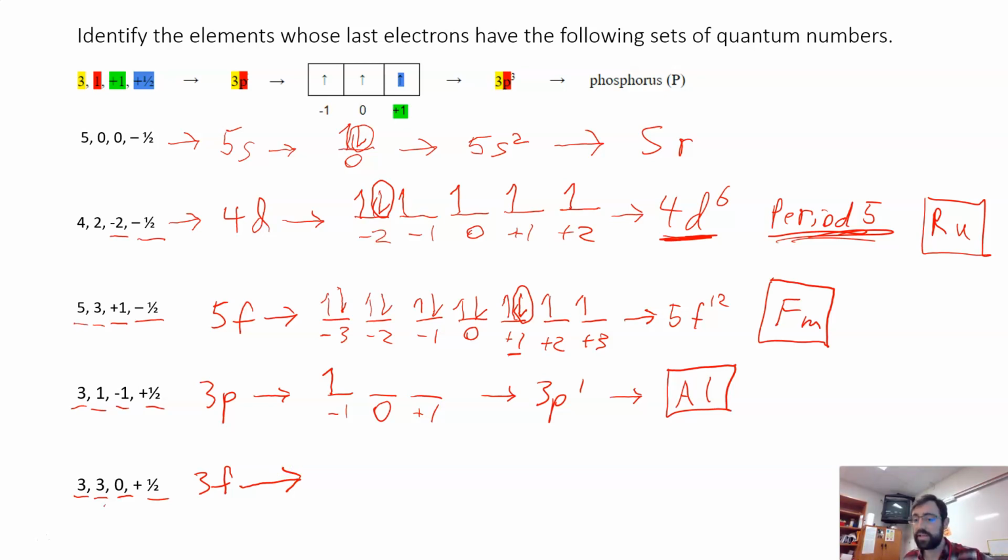We have 3D, but remember the first time that you see F is in the 4th energy level. So there is no such thing as this. This one does not exist, because there's no such thing as a 3F.